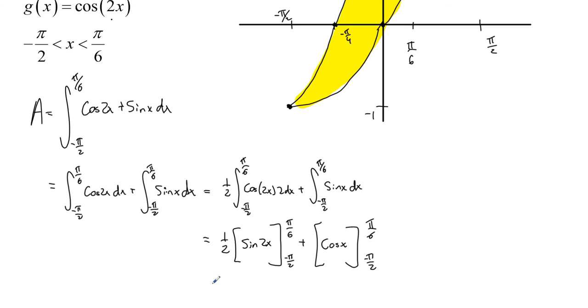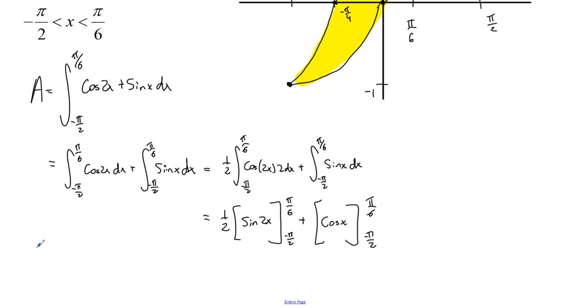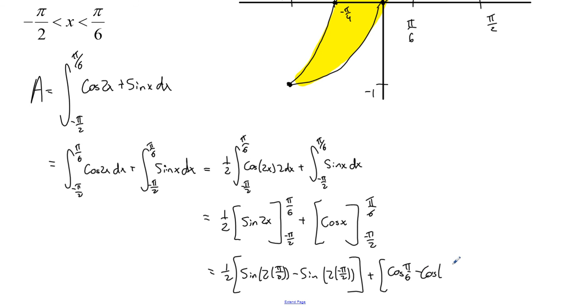Now, when you plug all of those values in, and again, you guys can do this, it's not that bad, it becomes a half of sine of 2 times pi over 6, minus the sine of 2 times negative pi over 2, and then plus the cosine of pi over 6 minus the cosine of negative pi over 2.